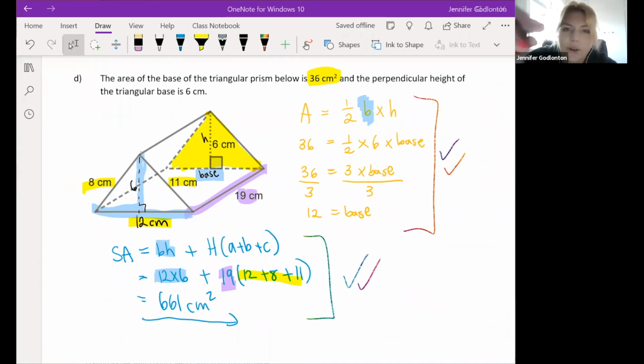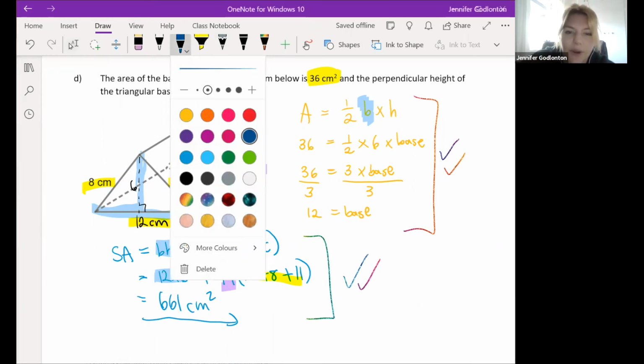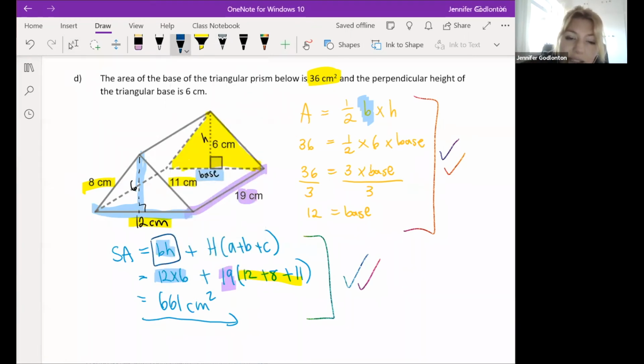Okay, so when you're looking, try and break it up into different sections. This base times height is always going to be of your triangle. So look at your triangle and look for the 2 that are perpendicular to each other. That's always going to be that base and that height. Then this big H is always going to be the height of the shape.